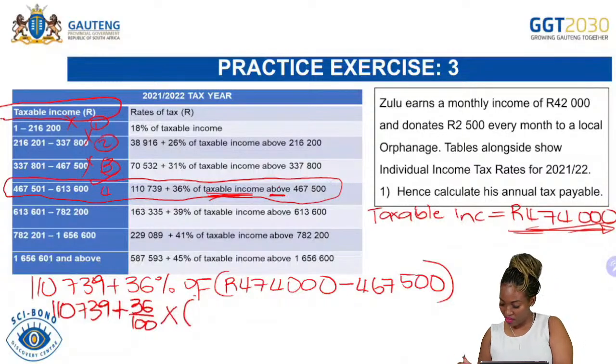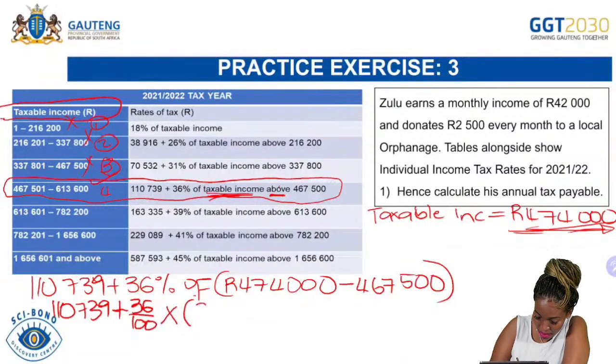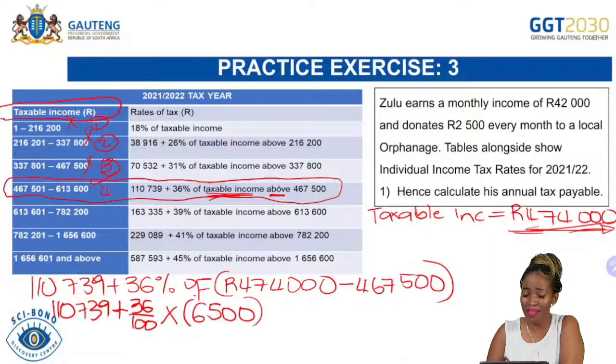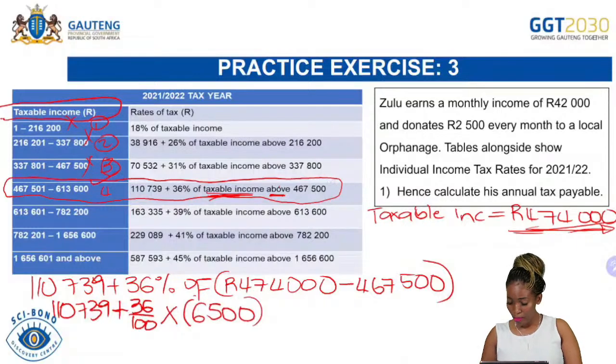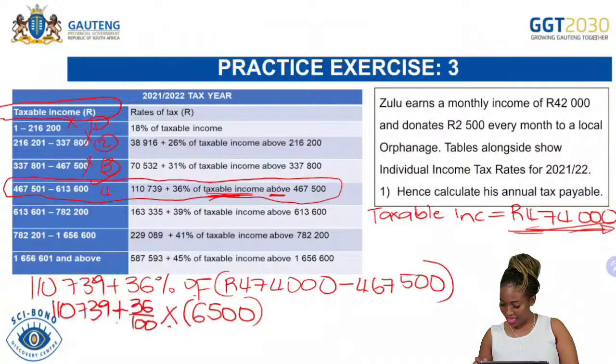It is 474,000 minus 467,500. And then I've got 6,500. I hope you are getting the same answer. I got 6,500. And then now we apply our BODMAS. BODMAS says we must multiply first before you can add.